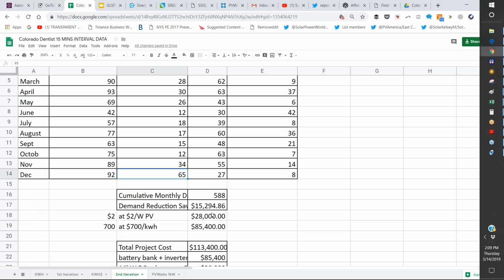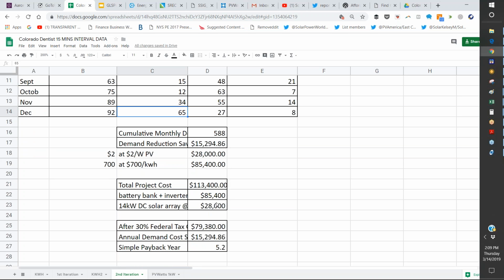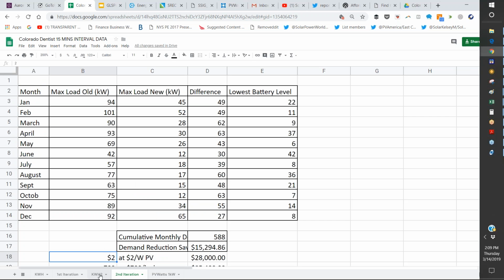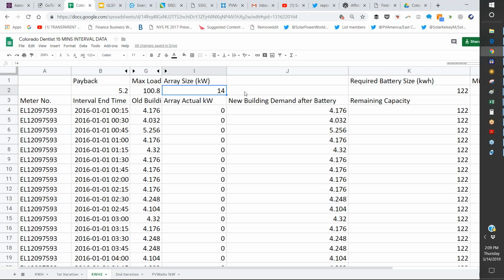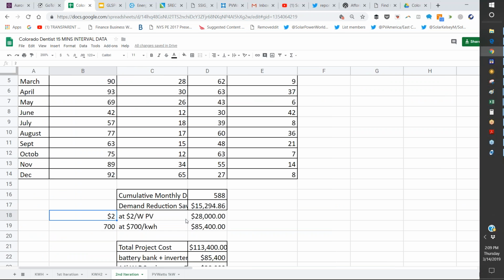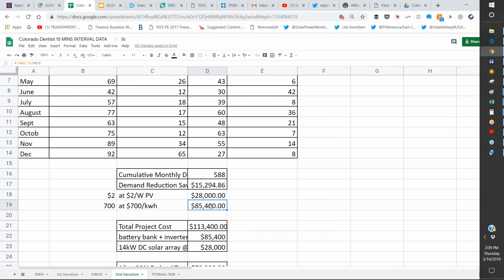So what we have further down the spreadsheet is a cost associated with my battery bank size and a cost associated with my solar array, so that when I go and toggle my battery bank size and my solar array size, it impacts my economic model here.